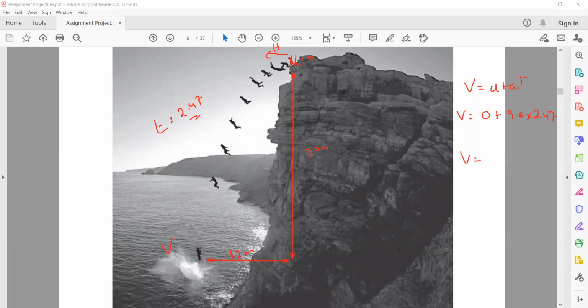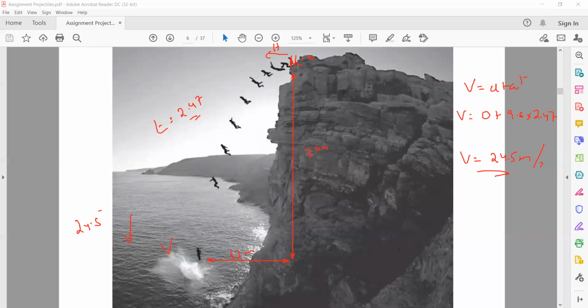So 2.47 multiplied by 9.8, we will get 24.5 meter per second. That's the vertical velocity. So we got the vertical velocity, which is 24.5.